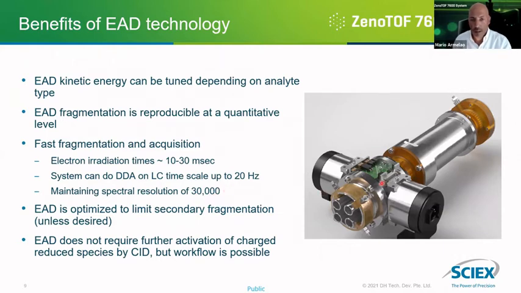Because the activation here is self-sufficient, we don't really need to continue to activate with the collision cell. So if we're using EAD, typically we're not using CID. And in this case, the ions would be transmitted to the last section, which is another novel ion trap design. So somewhat similar to a Q trap, this is a linear ion trap at the end section of the collision cell, but it's very special in the sense that it operates at the sampling rate of the TOF, and it does not scan.